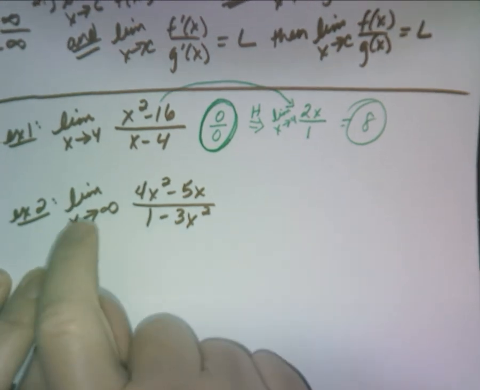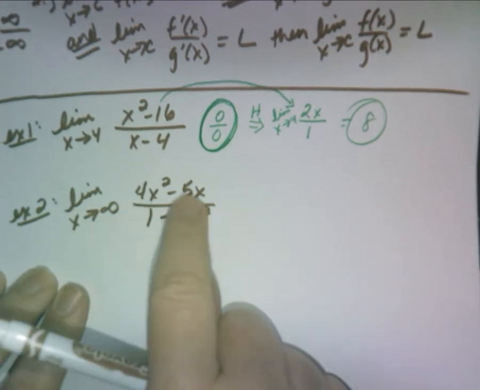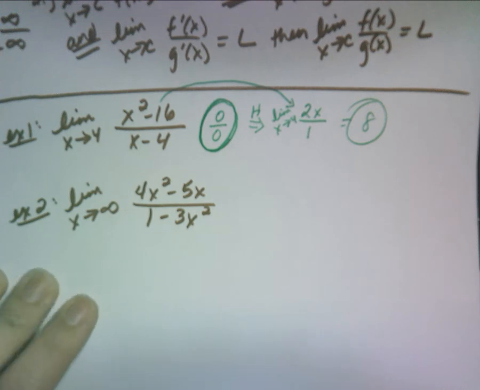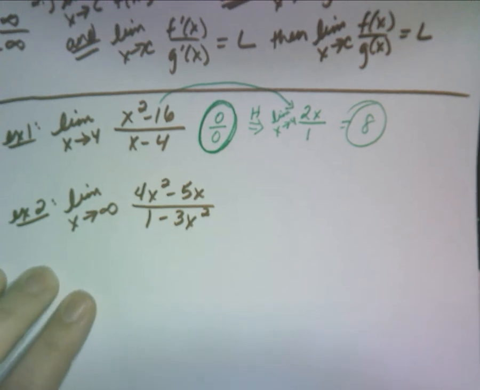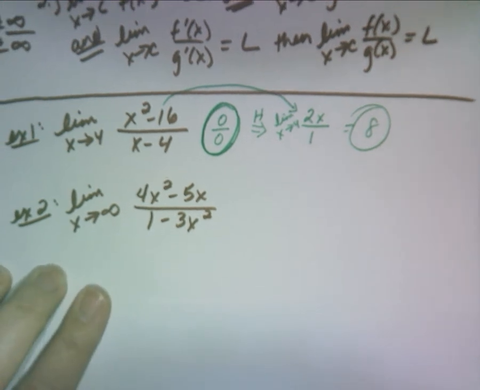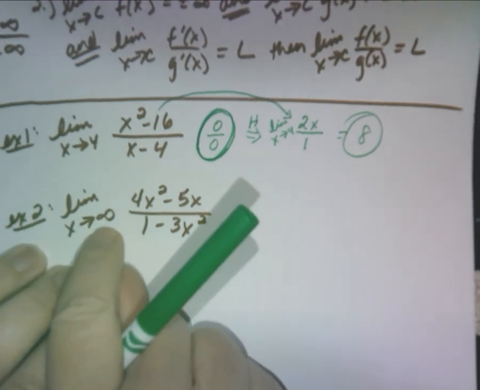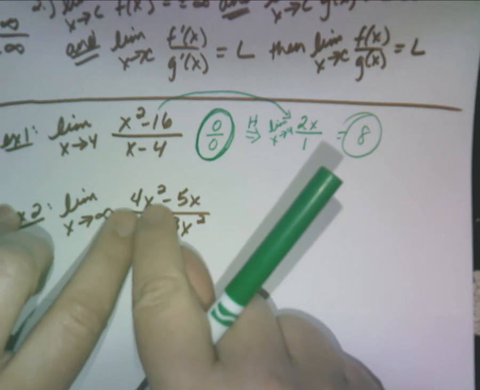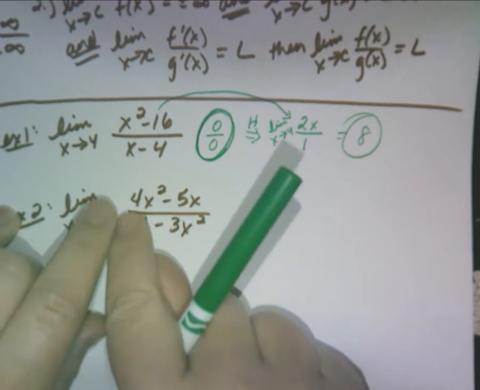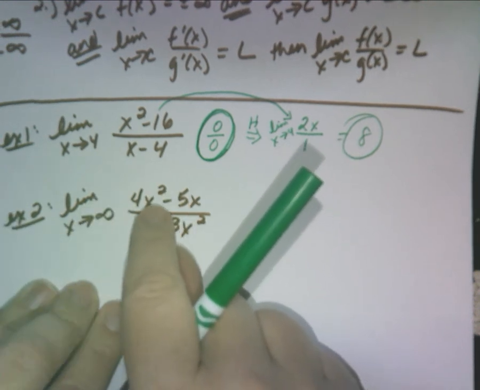All right, let's do this one. This is the limit as x approaches infinity of 4x squared minus 5x over 1 minus 3x squared. Before you do anything, think with me. If I'm approaching infinity, meaning a very large number, and I square it and multiply by 4, I have an even larger number.